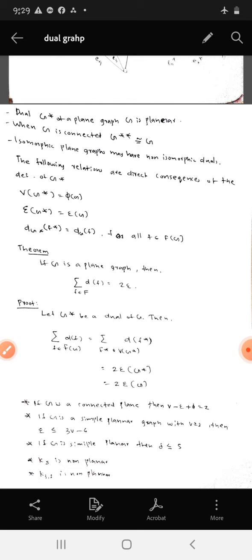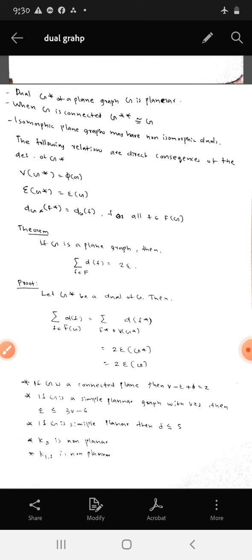Let G star be the dual of G. Then the summation over F belonging to F of G of d of F equals the summation over F star belonging to V of G star of d of F star. This is equal to 2 epsilon of G star. So we get 2 epsilon of G.